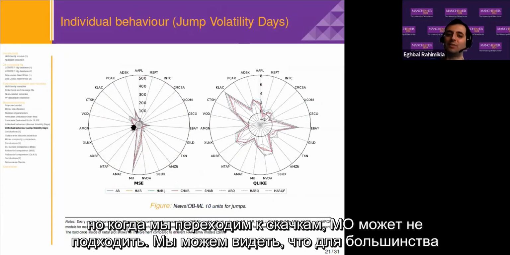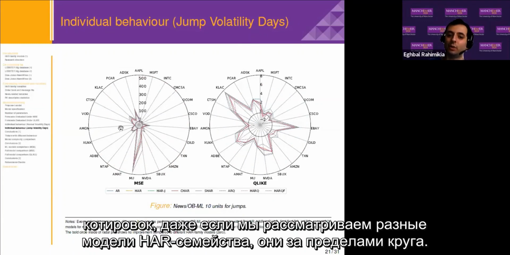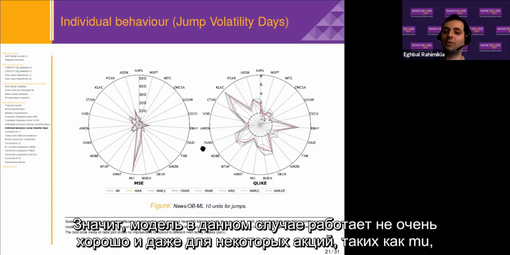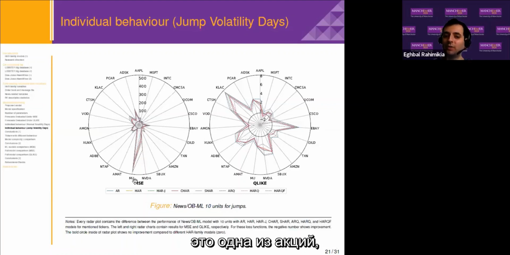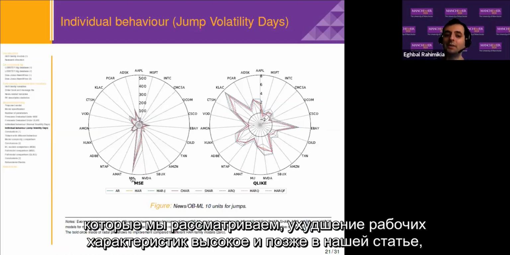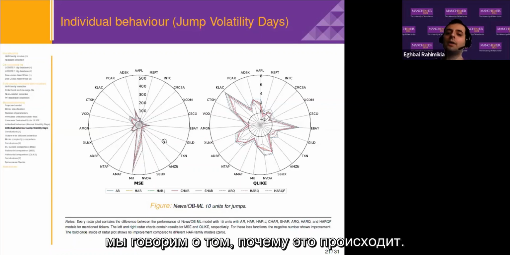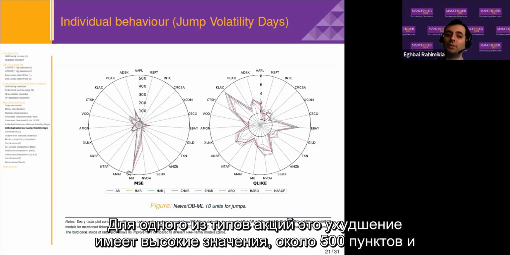We can see that for most of the tickers, even considering different Haar family models, the results are outside of the circle, which means it's not working very well. Even for some stocks like MU, one of the stocks we are considering, the degradation in performance is quite high, near 500 points.